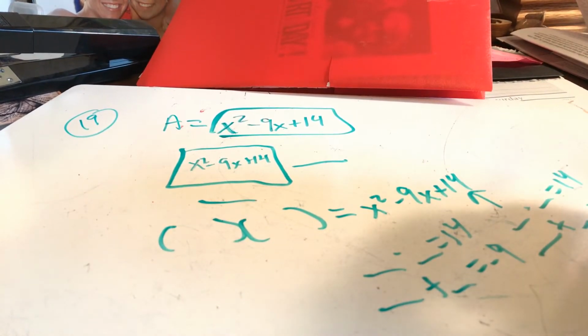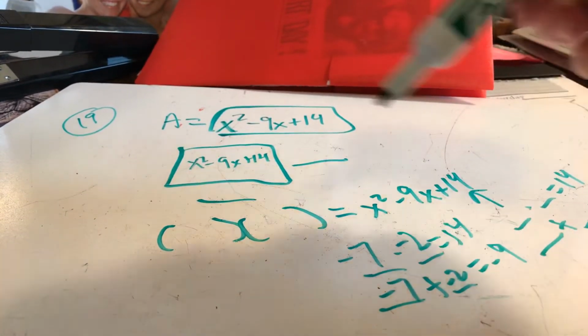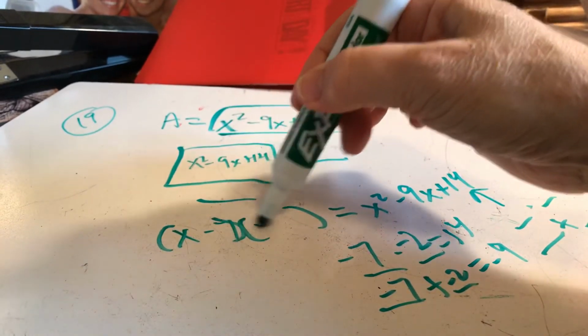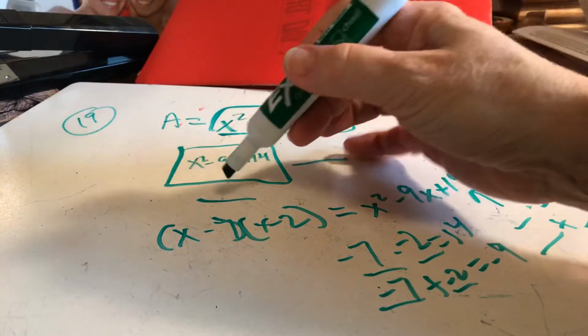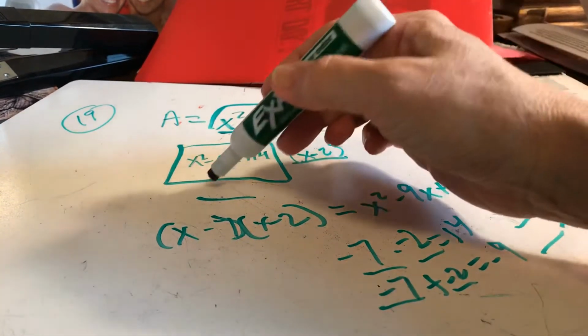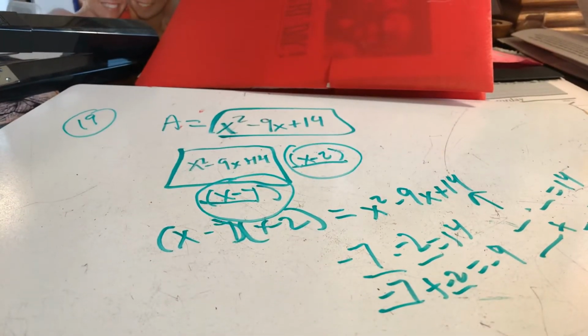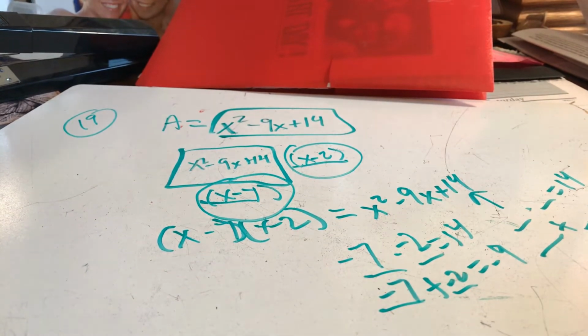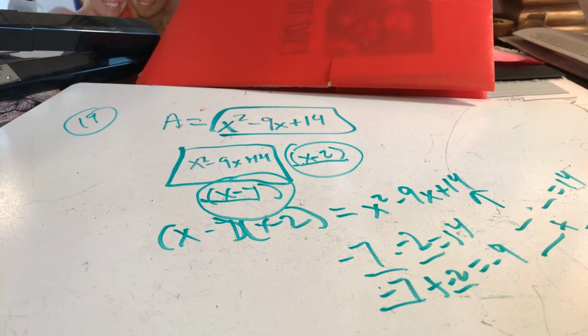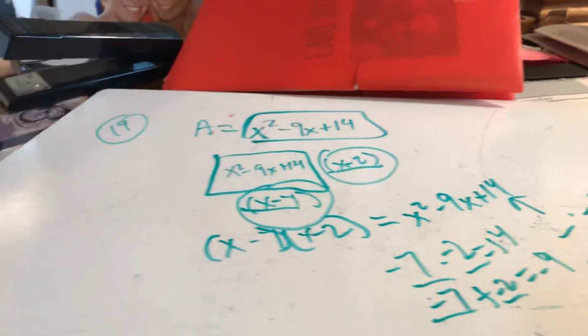Your two numbers should be -7 and -2. So your factors are x minus 7 and x minus 2. It doesn't matter which one's the width or which one's the length. One would be your length and one would be your width. So basically on number 19, it's just asking you to write it in factored form. One of the factors is your length, one of your factors is the width. Okay, so that's 12 and 19.